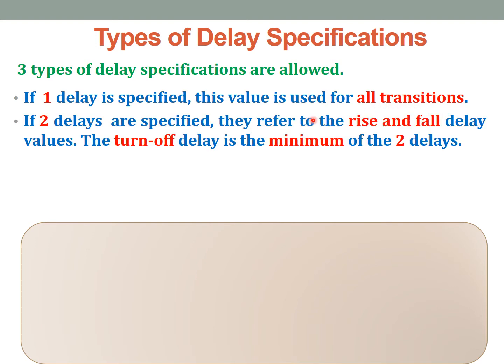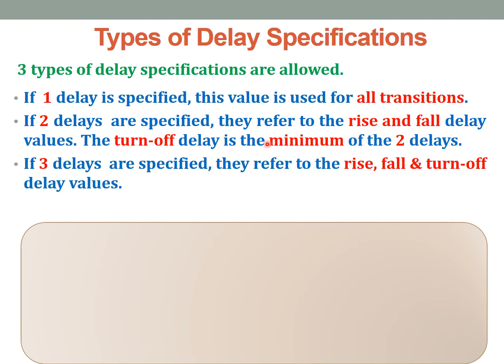In the second method, we can specify two delays, two numbers. If two delays are specified, then the first number refers to the rise delay, the second number refers to the fall delay, and the turn off delay is taken as the minimum of the two numbers mentioned for the rise and fall delay.